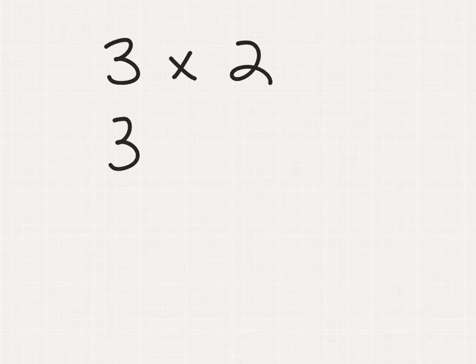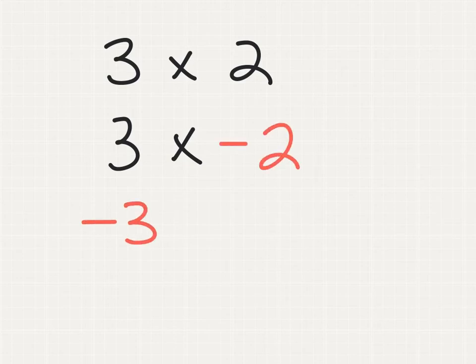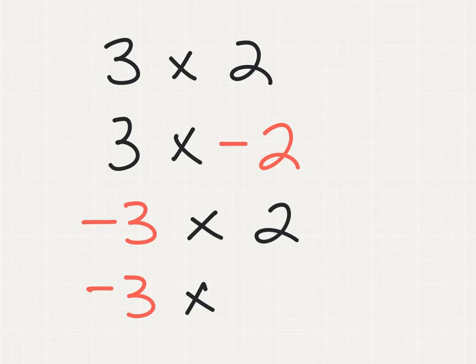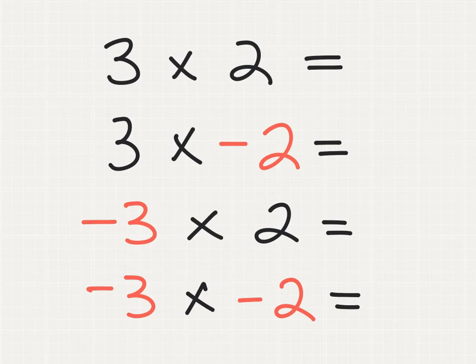Now, I wonder if you've noticed any patterns. Did you notice whether it was 3 times 2, 3 times -2, -3 times 2, or -3 times -2, that each and every time, regardless of the sign of each factor, our solution was always 6?